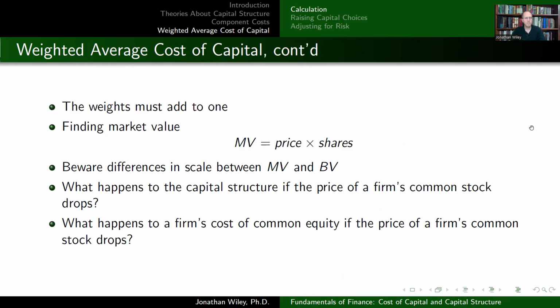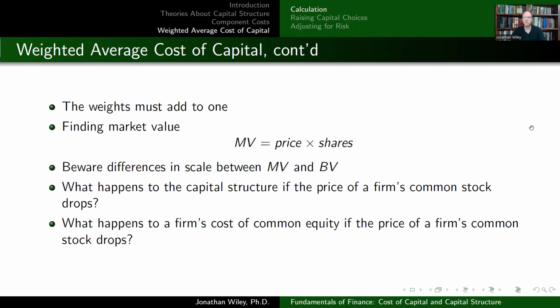Now, it's important to note, if I'm getting the book value of the debt from the balance sheet, and I'm calculating market value by price times shares, you've got to be very careful that you don't goof things up and wind up with the wrong scale. For instance, on the balance sheet, the firm may have numbers reflected in millions.